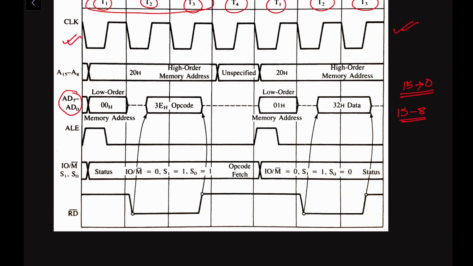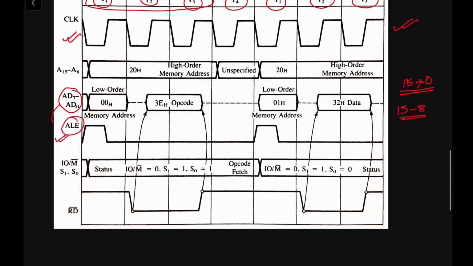In the case of the address data bus, you have to keep in mind that the address latch enable signal will help us understand whether it is an address bus or data bus. This ALE signal is the most important part in the case of latching the address data bus. Whether this address data bus will perform as an address bus or data bus depends on the ALE signal.